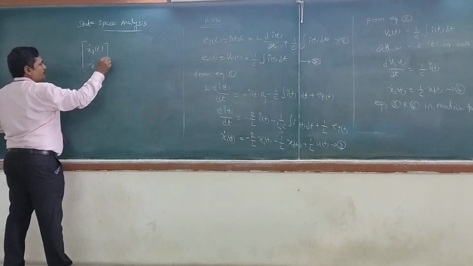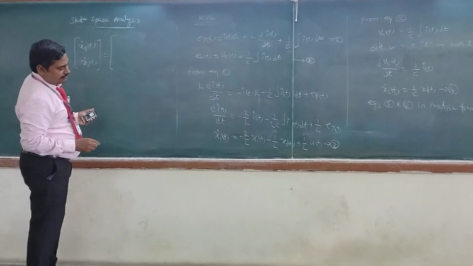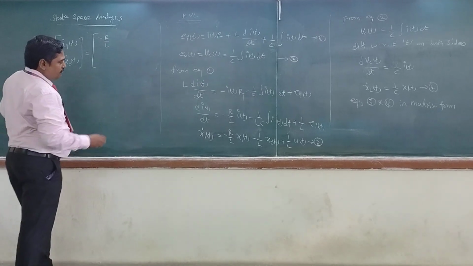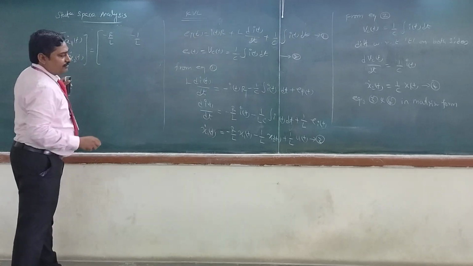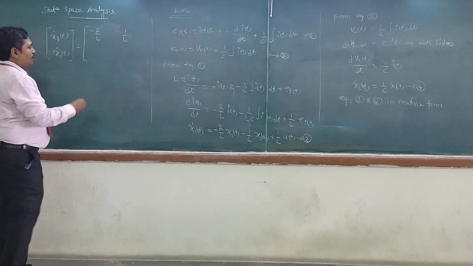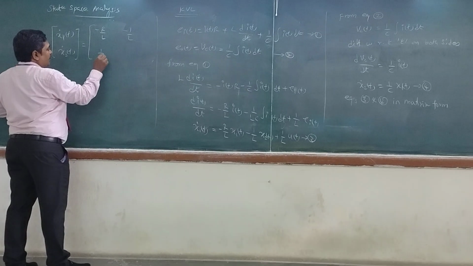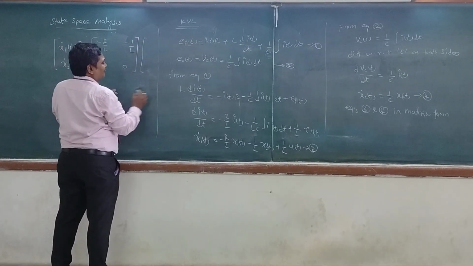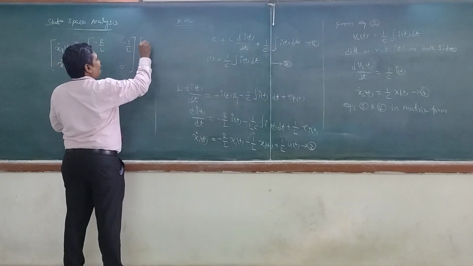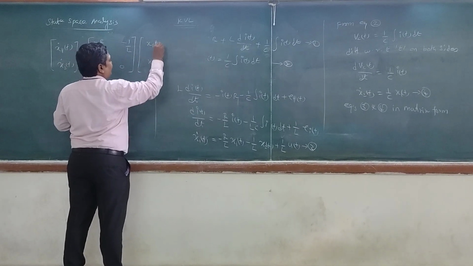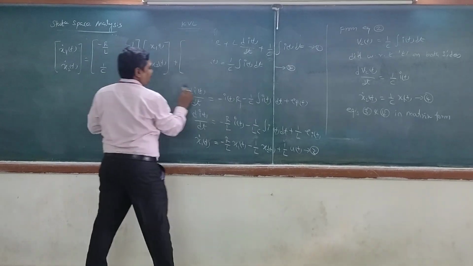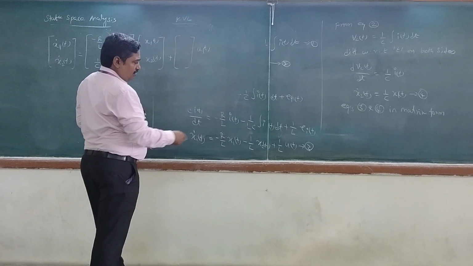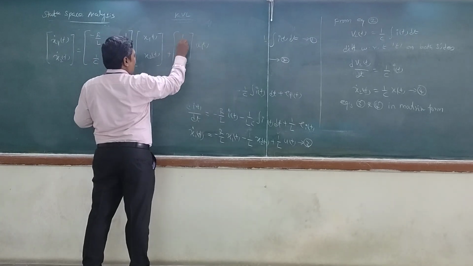From equation 3, the x1 coefficient is minus R by L and the x2 coefficient is minus 1 by L. From equation 4, only x1 is there, with coefficient 1 by C, and there is no x2 term, so the x2 coefficient is 0. For the input, from equation 3, it is 1 by L u of t.